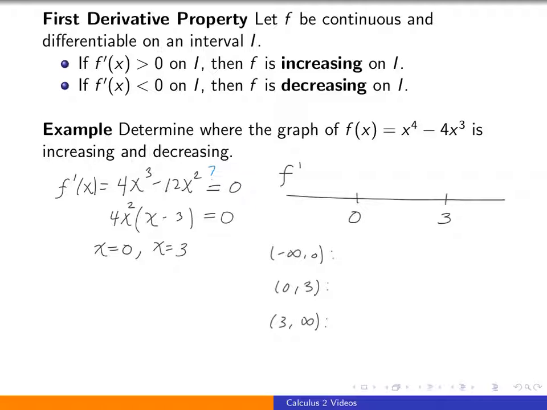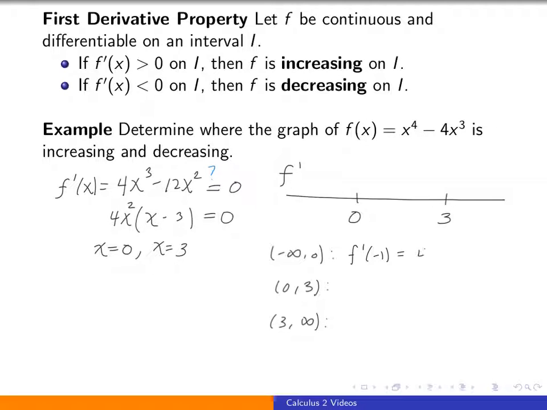Since we know exactly where f prime is equal to 0, at 0 and 3, anywhere else it is never 0. So if you concentrate on one of these intervals, f prime is going to be entirely positive or entirely negative. So we just need to check one point. In the first interval, minus infinity to 0, we can check, say, minus 1.